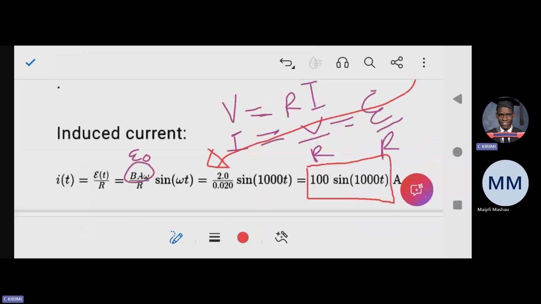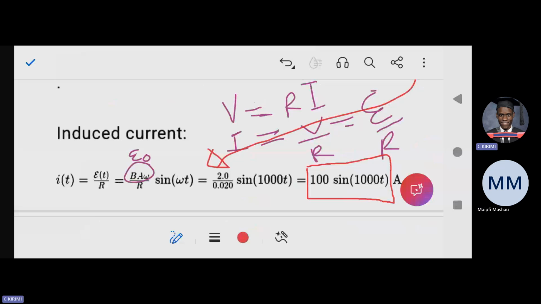Any question? The question that I have is, I can see that when you calculate the current, you have added the sine omega t. So is sine omega t only one at the peak when we are looking for the EMF, for the voltage? It's one only when we are calculating the EMF at the peak.